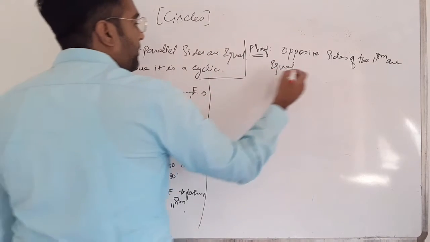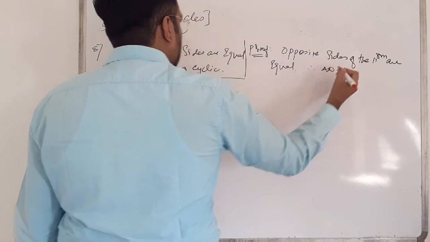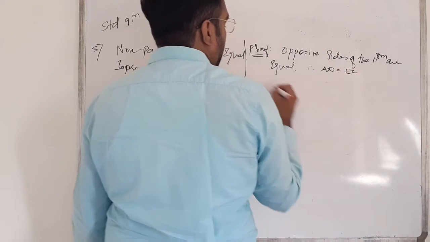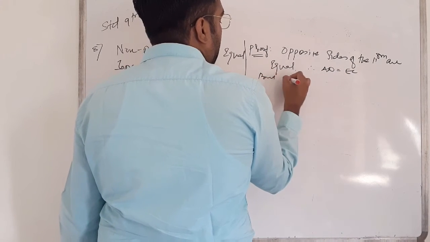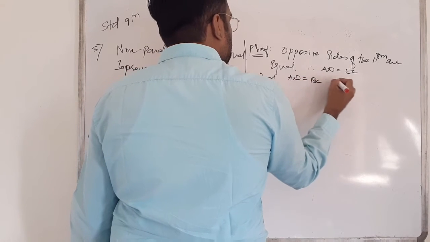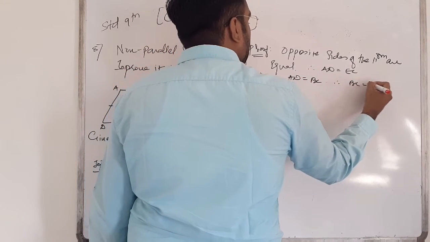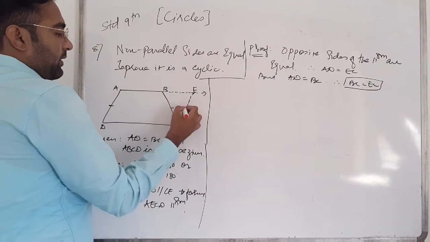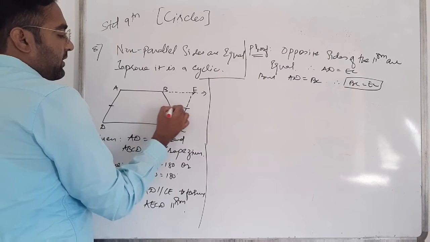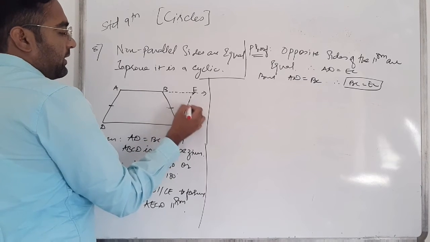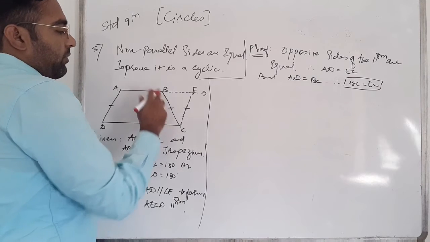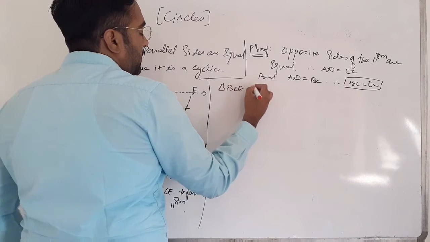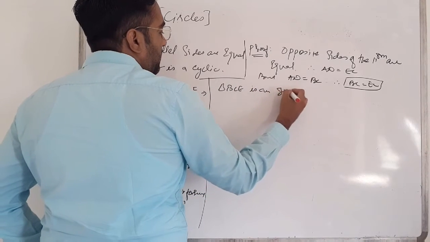So therefore AD is equal to EC, but AD is equal to BC, therefore BC is also equal to EC. Okay, so now triangle BCE is an isosceles triangle.